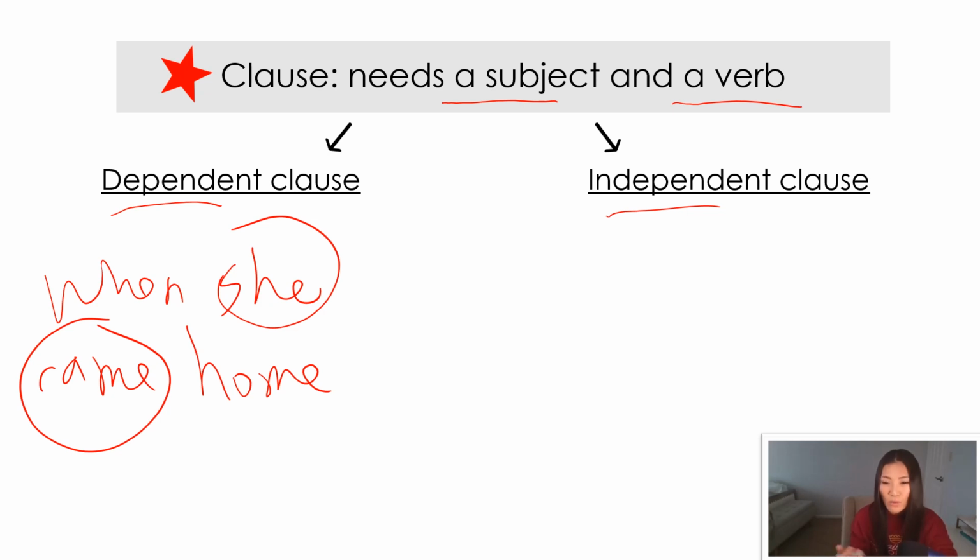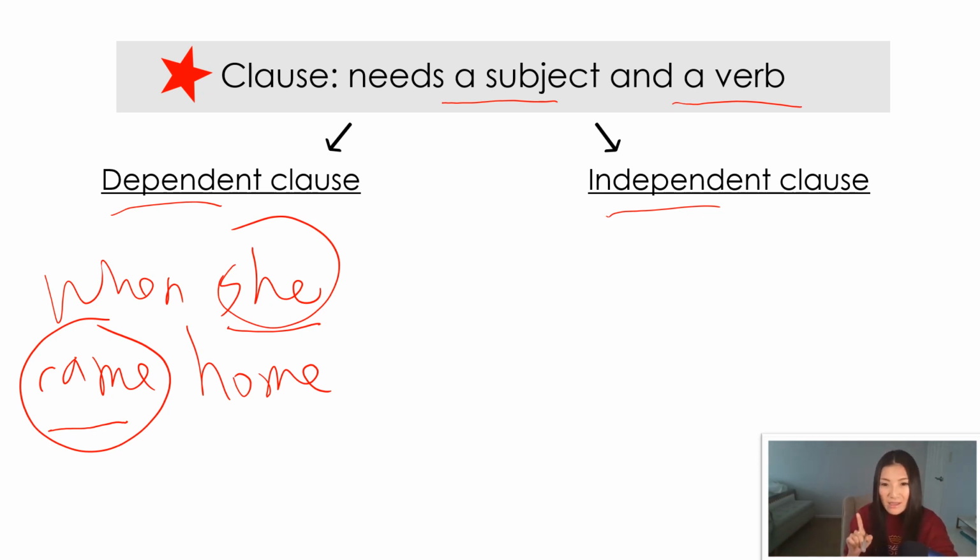Like, what is the point of what I just said, right? What happened when she came home? So this kind of clause, where it does have a subject and a verb, but it's not a complete thought, we call this a dependent clause. It's dependent because it needs something else to finish the thought, right? It's dependent on something else.